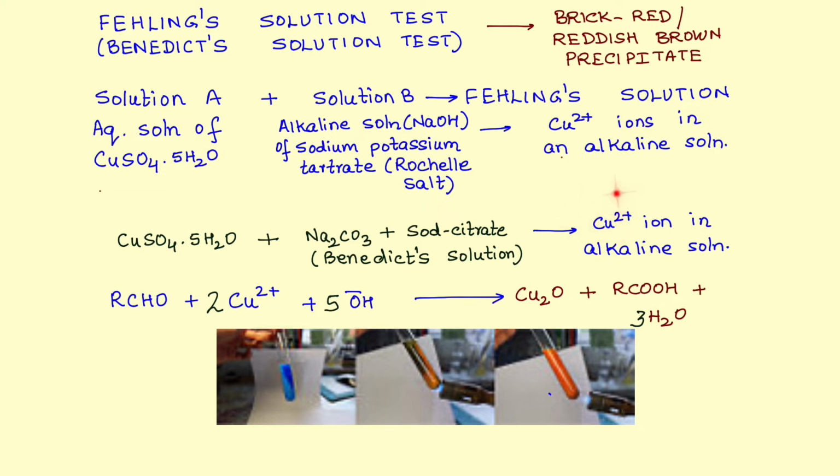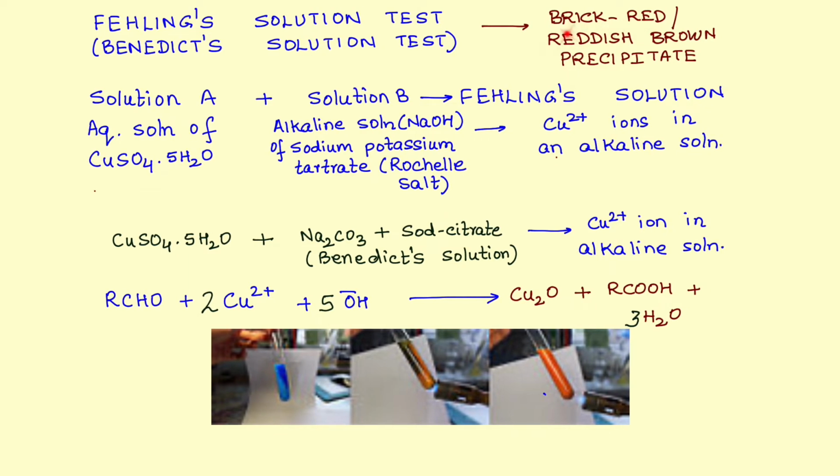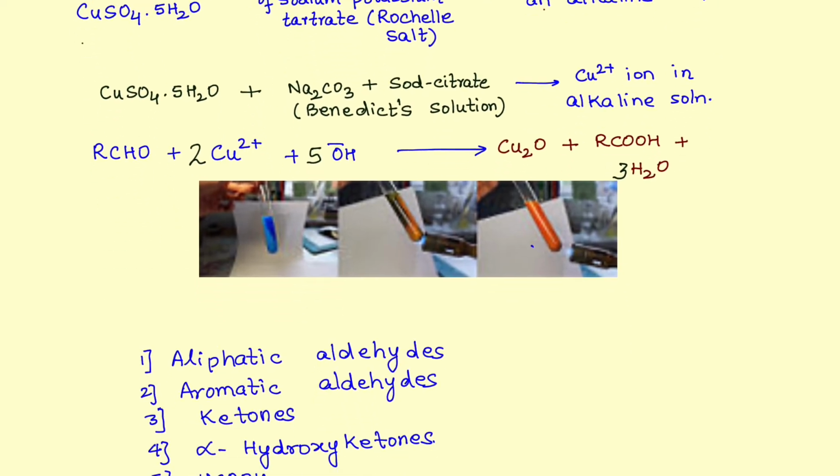So basically both of them are same. Now you know that copper ions have a blue color. That is why you would have noticed that in these slides I have written them in blue so that it's easier for you to remember. But the brick red precipitate I have written in red again so that it's easier for you to remember. Look at the picture here.